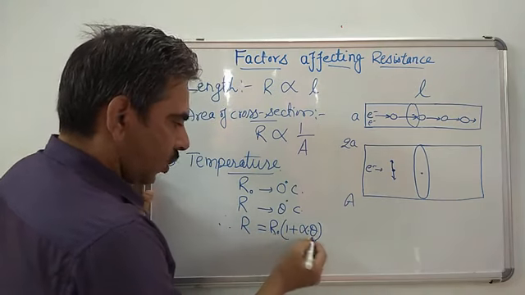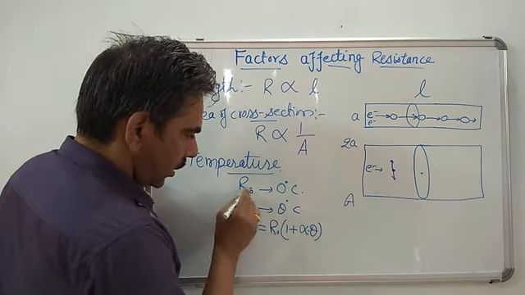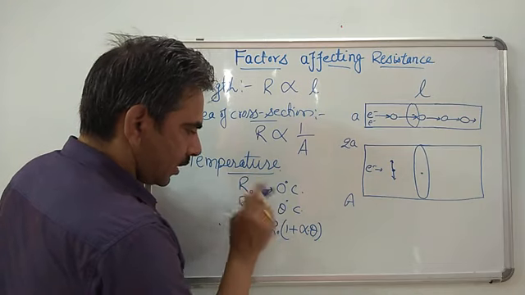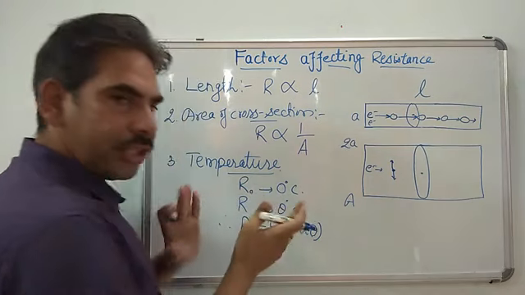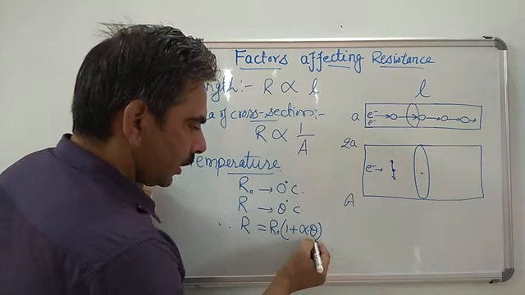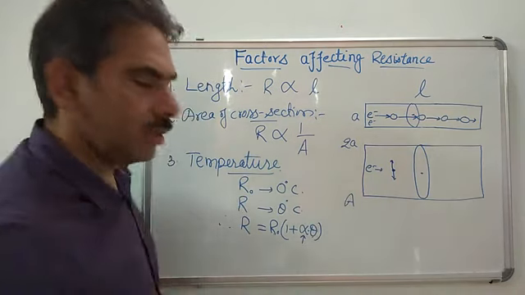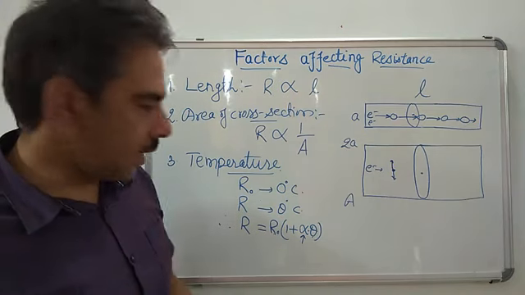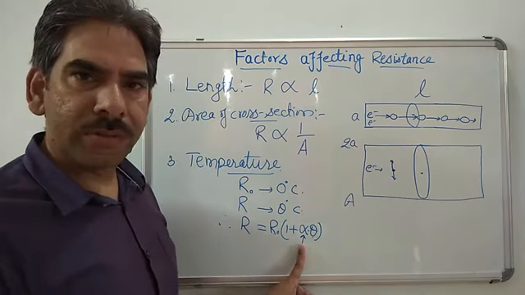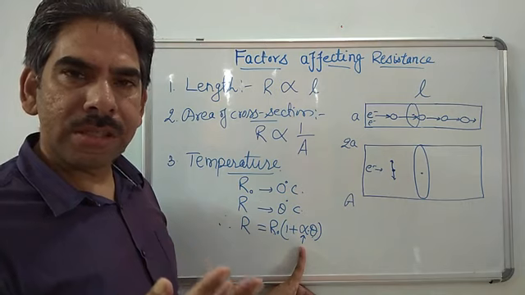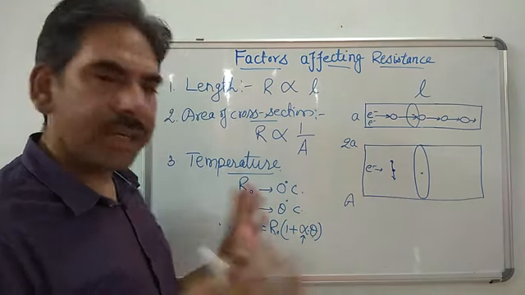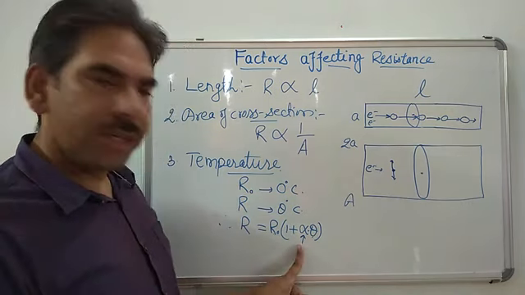Here R naught and theta are known. R naught is the resistance at 0 degree Celsius and theta is the temperature change, T2 minus T1. So theta is the change in the temperature. And alpha is the constant for the given material and it is called the temperature coefficient of the particular substance of which the conductor is made. So it is a constant for given materials.